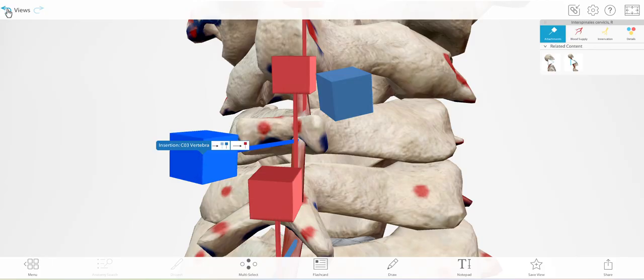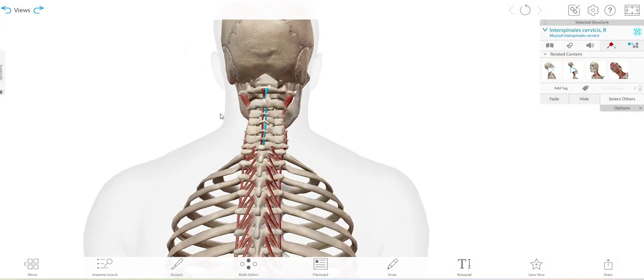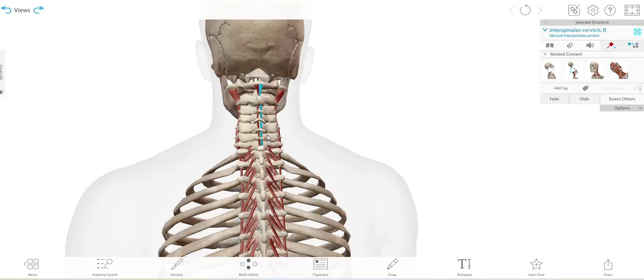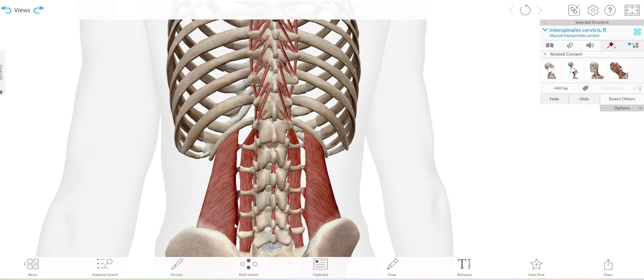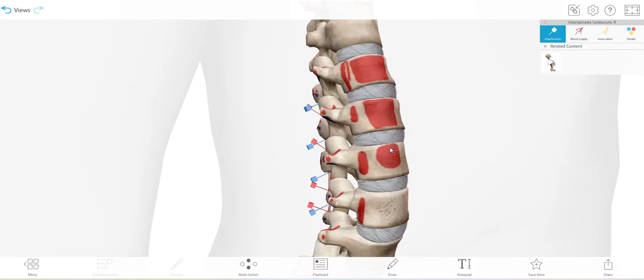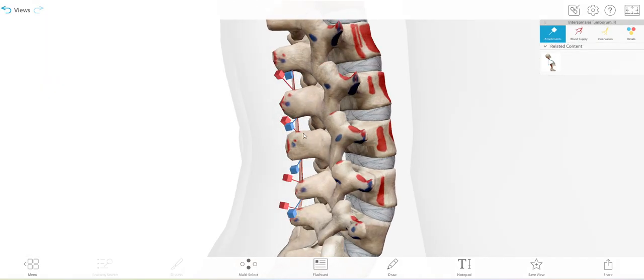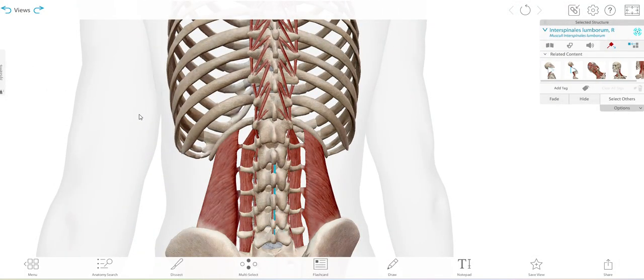And then this would also be true for our lumbar region, and I will just show you that real quick. See, it's the same thing. So we have our origin and insertion, both on the spinous process.